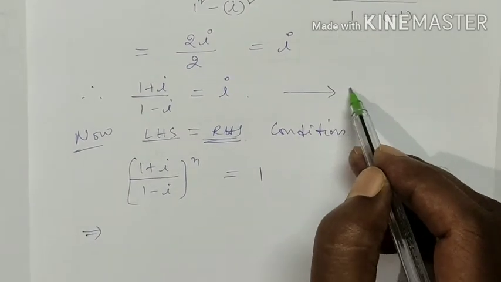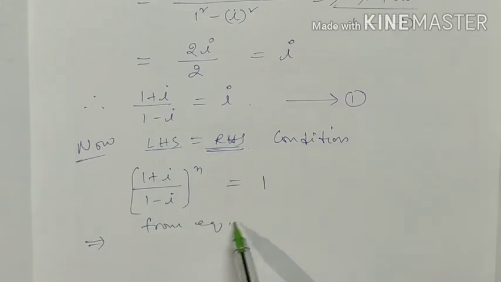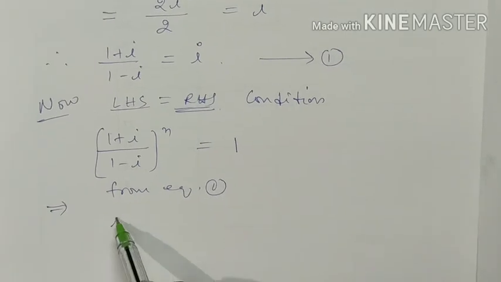So from equation 1, this inside bracket is i.